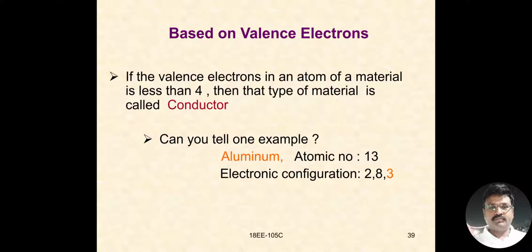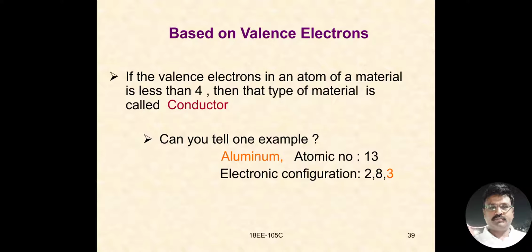An example, let us take aluminum. Aluminum atomic number is 13. Electronic configuration is 2, 8, 3, where this 3 is the number of electrons which are present in the outermost orbit. So the valence electrons in the aluminum atom is 3, which is less than 4.